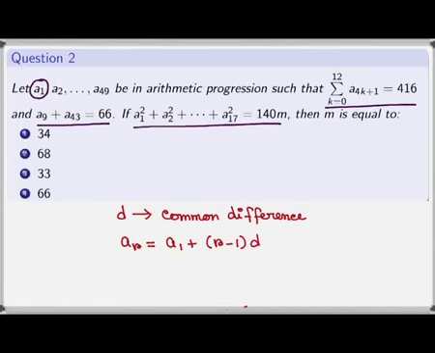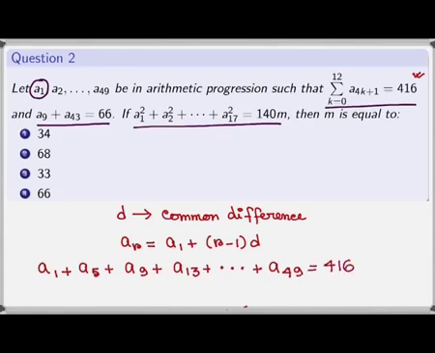Now using this we rewrite this equation. We have a1 plus a5 plus a9 plus a13 up to a49 is equal to 416.